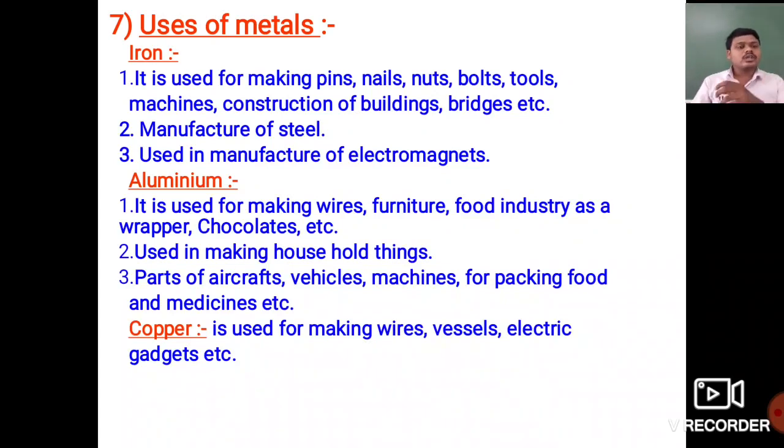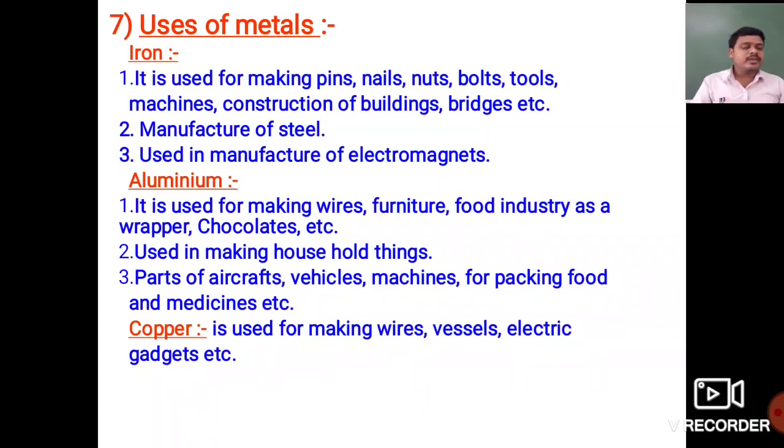Do you know how aluminium is used in the food industry? Have you observed the wrapper of chocolate paper? Have you observed the wrapper of medicines? These wrappers are prepared from aluminium. I hope you understand, no? The chocolate wrappers and medicine wrappers are manufactured using aluminium.